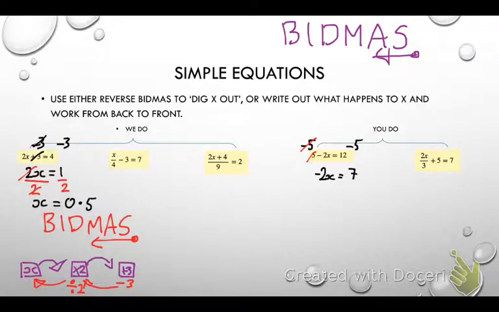And lastly, the opposite of multiplying by -2 is to divide by -2. So we're going to do that to both sides. That eliminates those, leaving us with 1x, and that will give us -3.5.